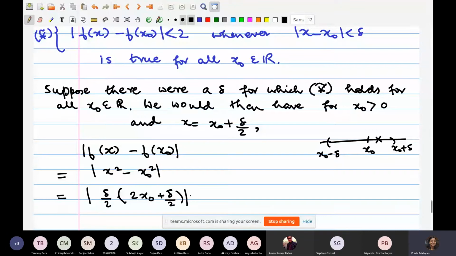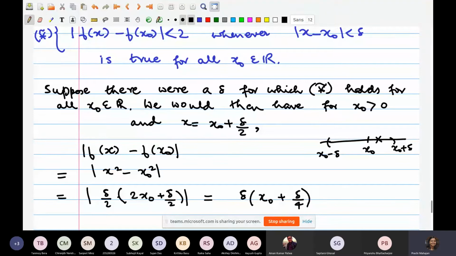All of this is positive, so I can forget about the absolute values. Absorbing the 2 inside the parenthesis, this is exactly delta times x naught plus delta by 4.